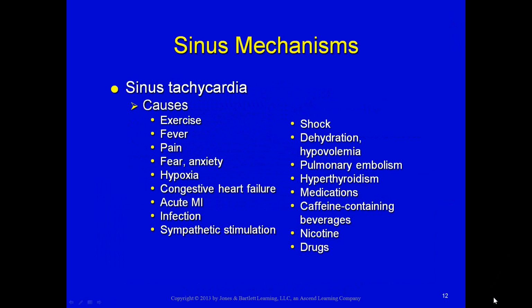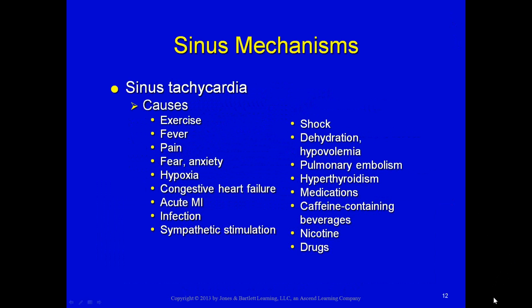Congestive heart failure can cause an increase in heart rate, particularly uncontrolled atrial fib or atrial flutter. Acute MIs, large wall anterior MIs can cause rapid heart rates. Infections or sepsis will cause rapid heart rates initially. Sympathetic stimulation.